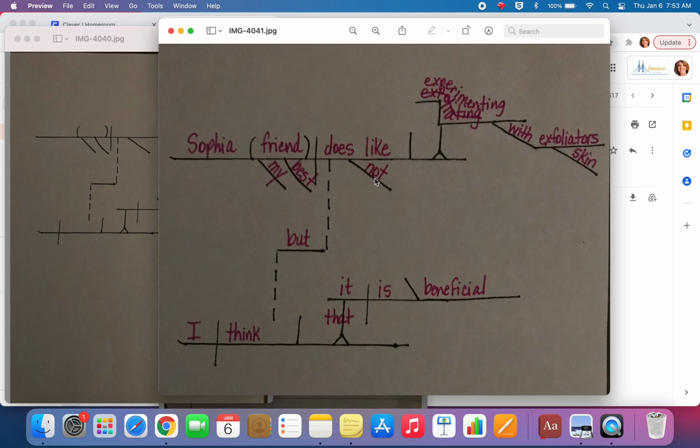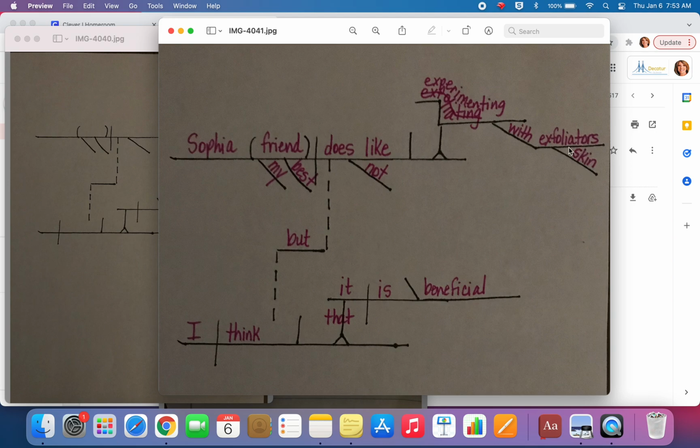Remember, not is not a verb. It needs to go beneath does because it is an adverb. And then when you're finishing diagramming your gerund phrase, you're going to say experimenting, of course, and then your prepositional phrase here, with skin exfoliators. Notice your object of the preposition goes on the main line of your prepositional phrase.